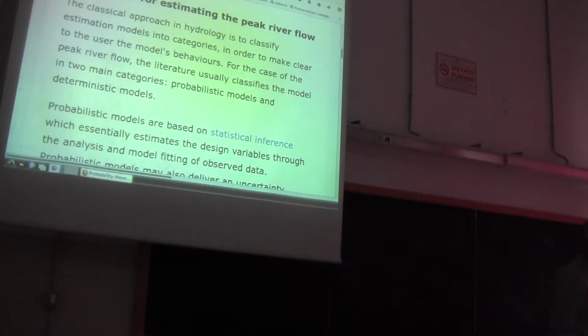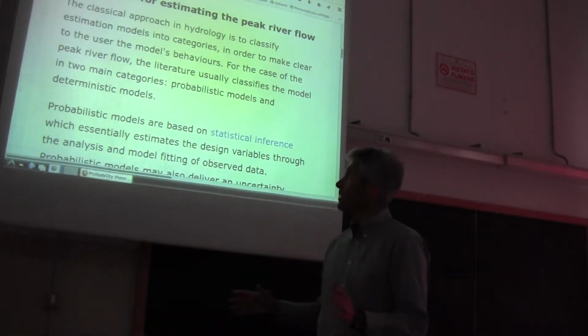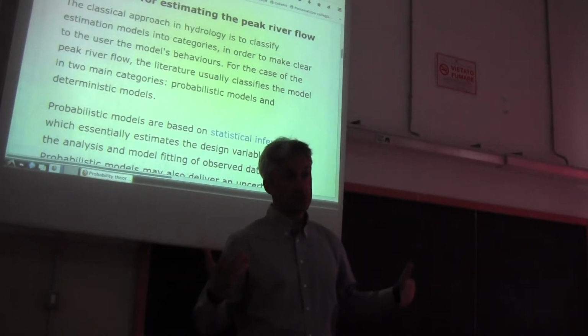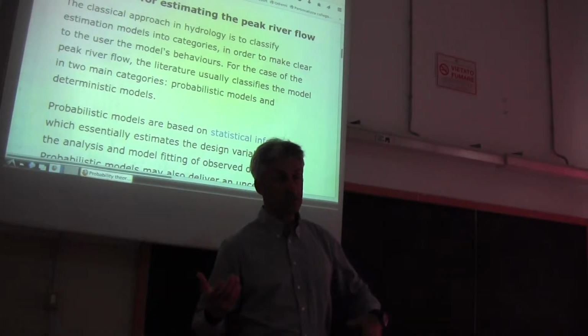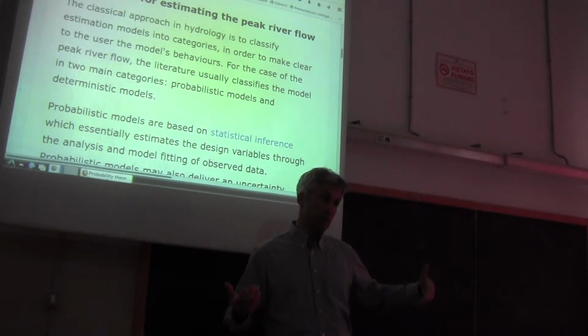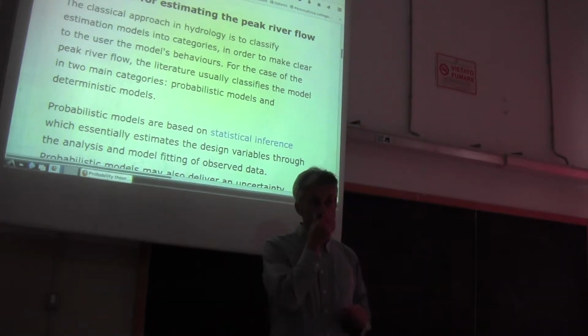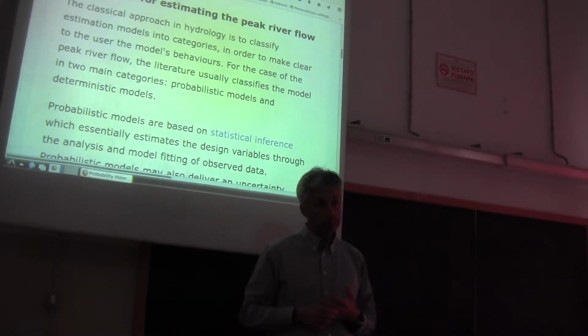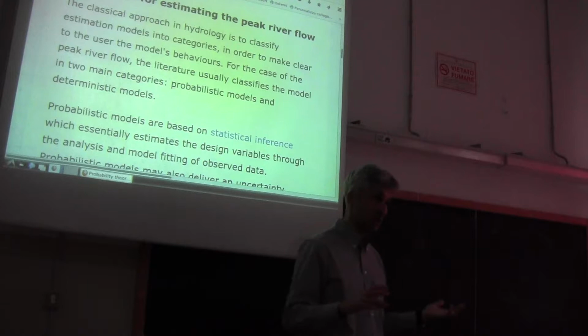And then let's talk about models for estimating the peak flow. Again, there are several models for estimating the peak flow, and some of them are not probabilistic. Some of them indeed try to write physical models for estimating the peak flows. But still there is uncertainty.